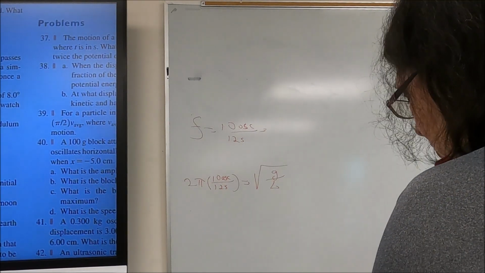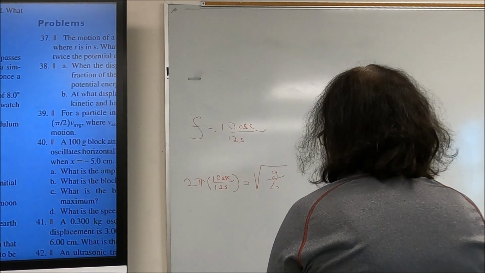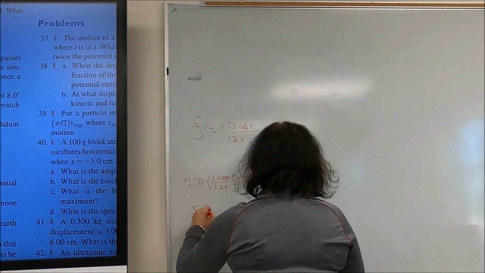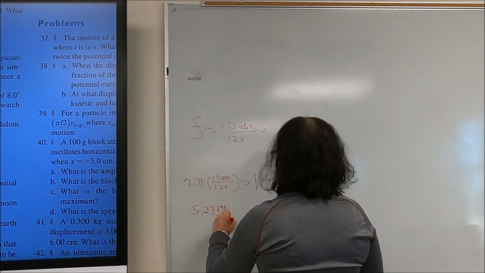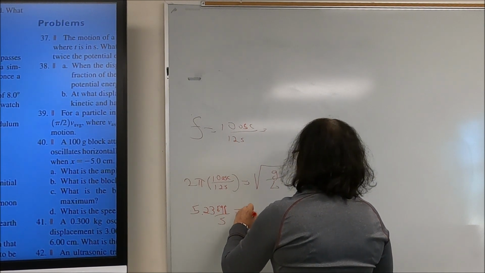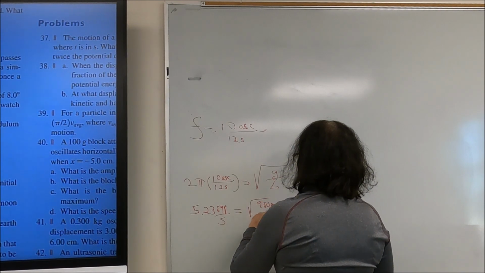So 2 times pi times 10 divided by 12, I have 5.23598 over seconds equals the square root of 9.80 meters per second squared over L.